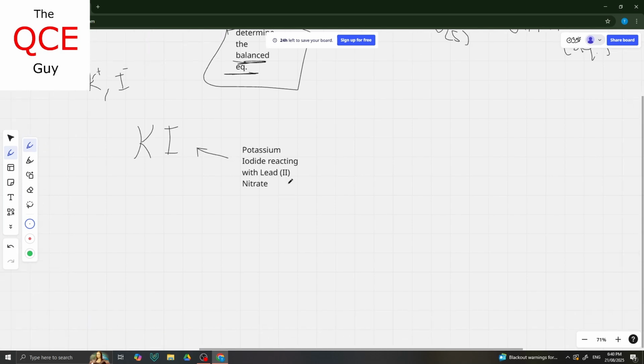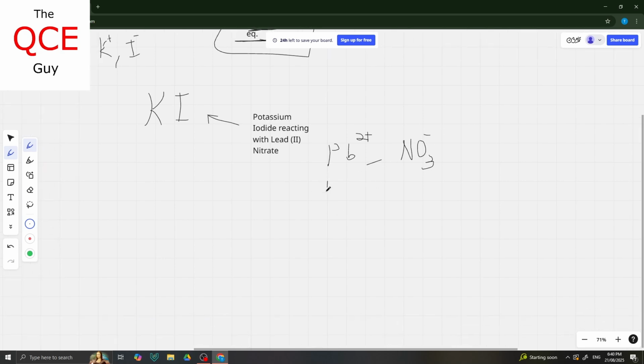Cool. Lead nitrate. Well, lead, and this bracket here, the II, means that the lead has a 2+ charge, so it's Pb2+. And nitrate we know is NO3-. So we can determine lead nitrate to be Pb(NO3)2.